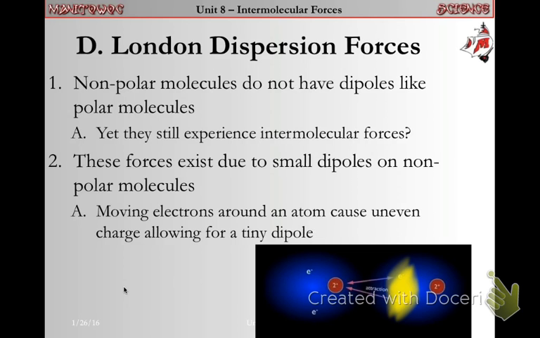So you'll have a lot of electrons over here, making more of a negative side to that atom. And you'll have the electrons be pushed away, making a positive side to this atom. And so because of that, you'll get an attraction between those two atoms. They'll actually attract one another just a little bit. Now, it's a very weak attraction, and it's very brief, but it is an attraction nonetheless.